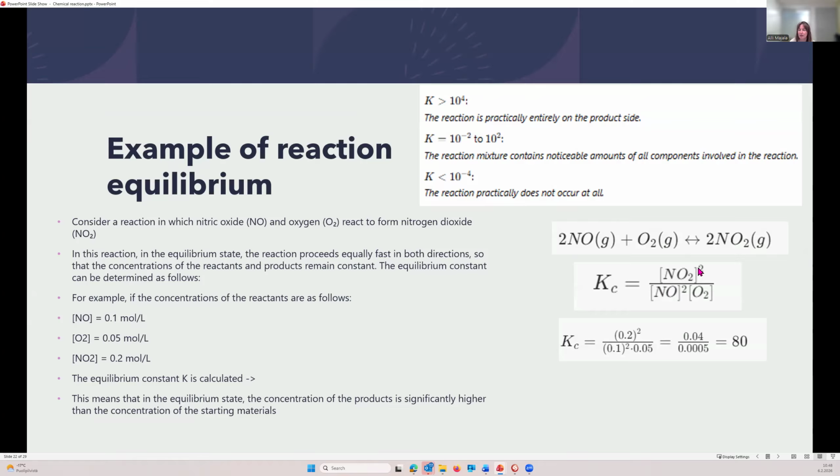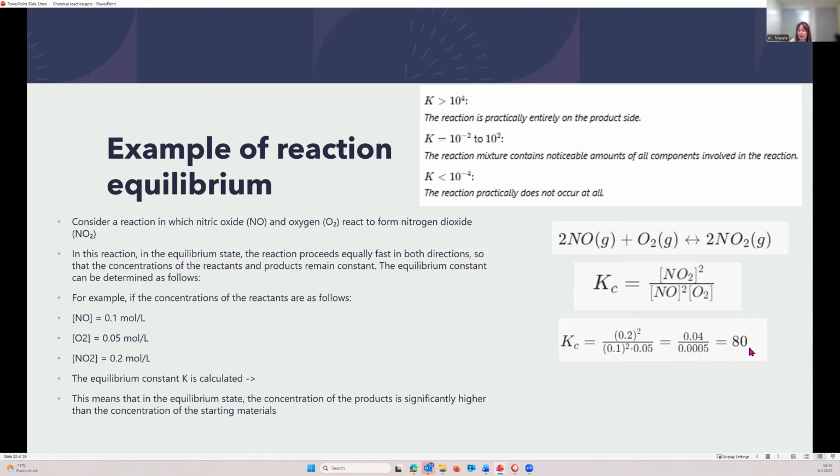You can have them also marked as a concentration. So here's the concentration of this product, nitrogen dioxide, and here is the power, that was the multiplier. And here the concentrations of the reactants, and there's also one multiplier as the power. Then if you know the concentrations and mark them there, you get some number.